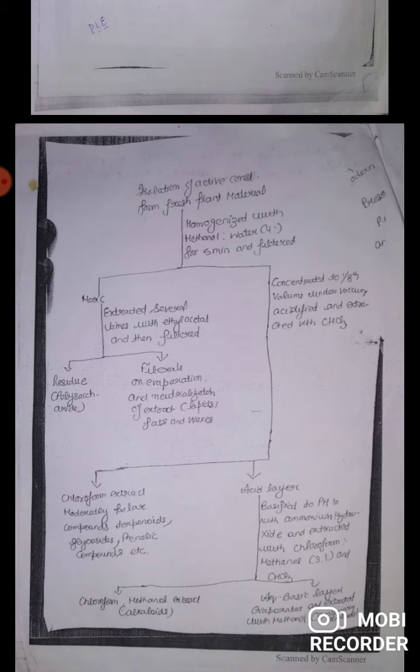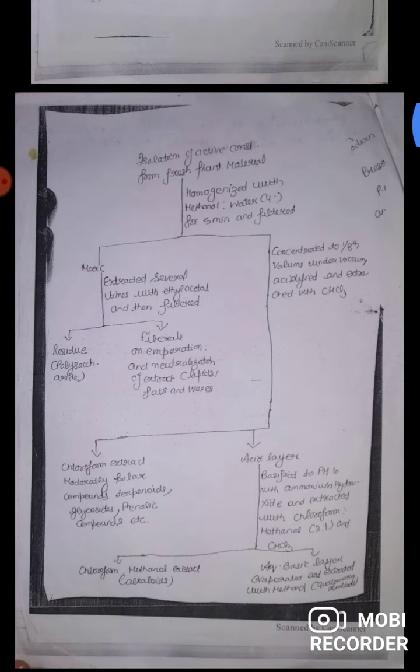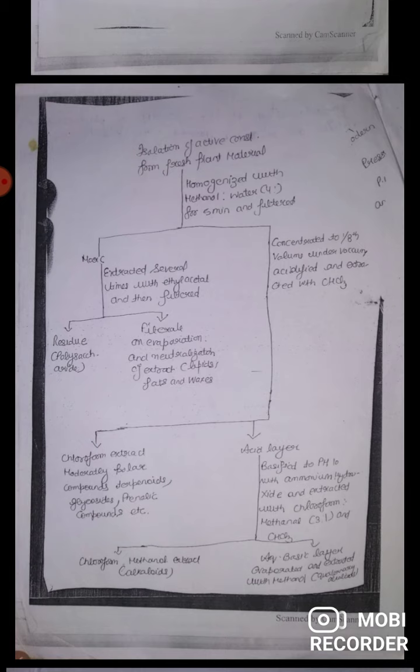The marc is extracted with ethyl acetate, whereas the filtrate is concentrated under vacuum, acidified and extracted with chloroform. Further, the marc gives two things, that is residue and filtrate.